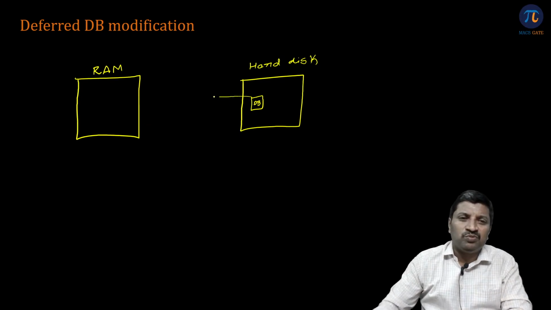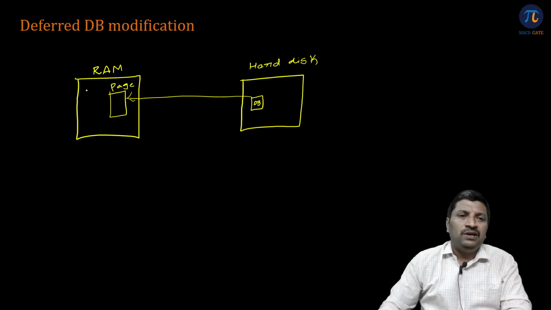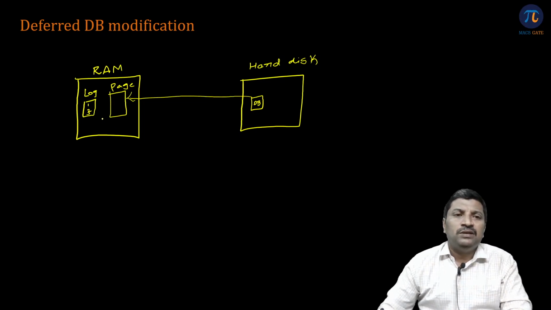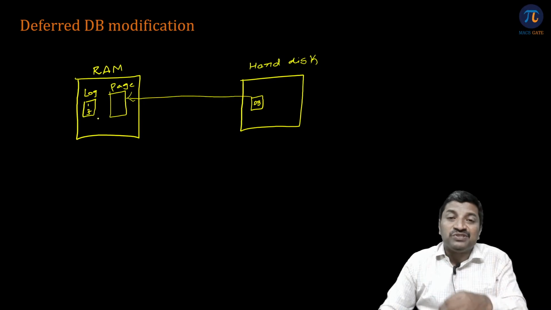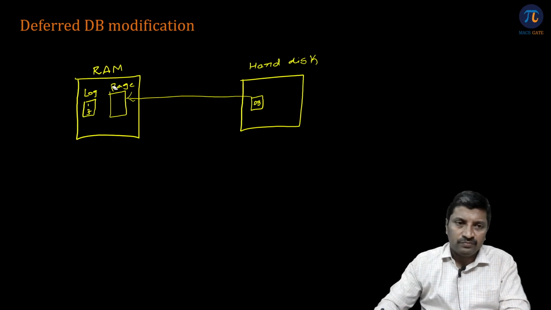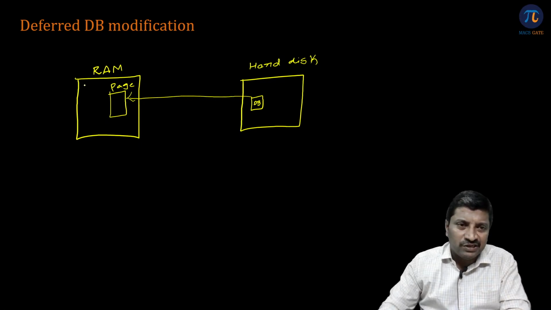Now I want to do some modification. So we bring that page to the RAM, and I will create a rough paper log file. I start the transactions 1, 2, 3 like that. If the transaction is completed successfully, suppose our transaction contains 100 instructions.